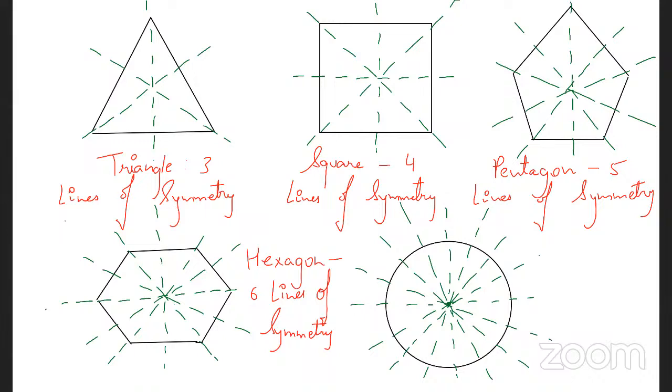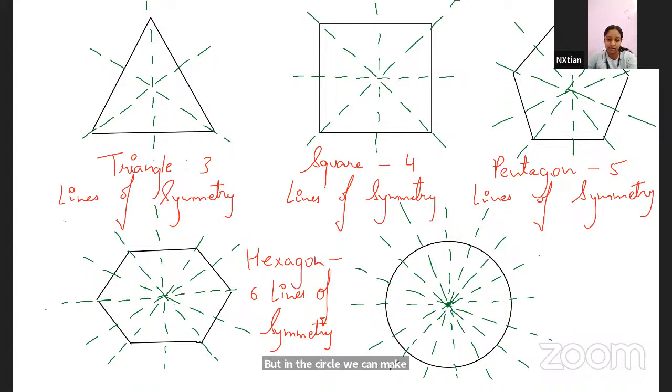Right now, I've made 8 lines in it, but in the circle, we can make any number of lines of symmetry. Pentacontahexagon, 56 lines of symmetry. Chiliagon, 1,000 lines of symmetry. 6,000 lines of symmetry. I cannot really draw and show those.